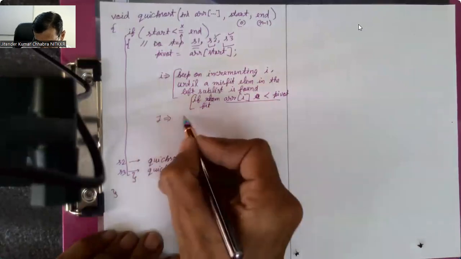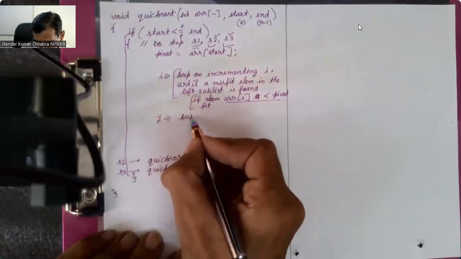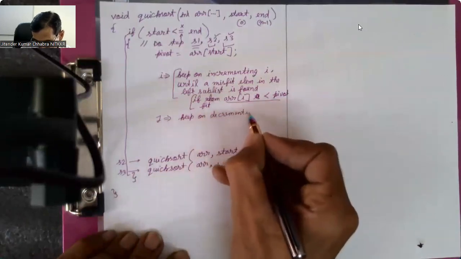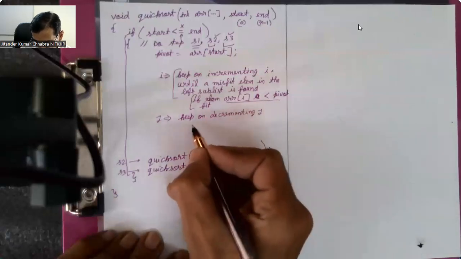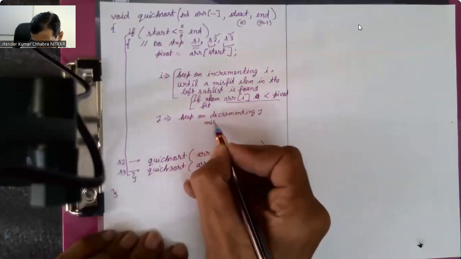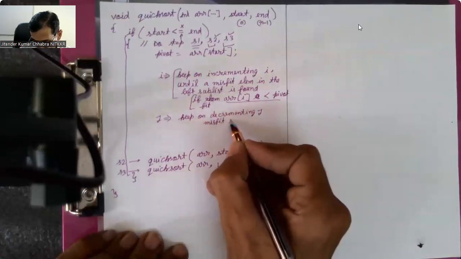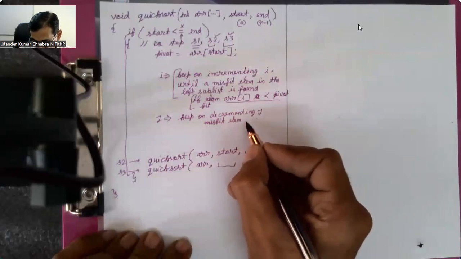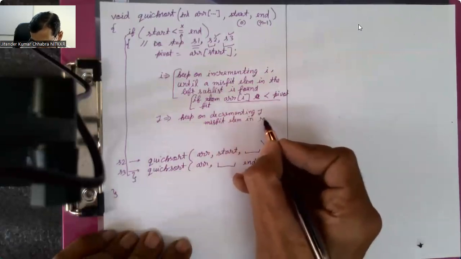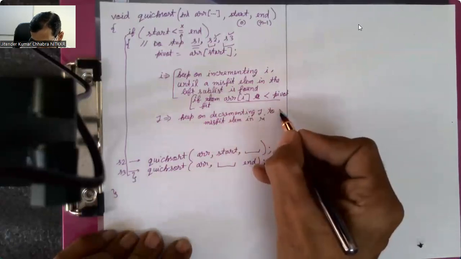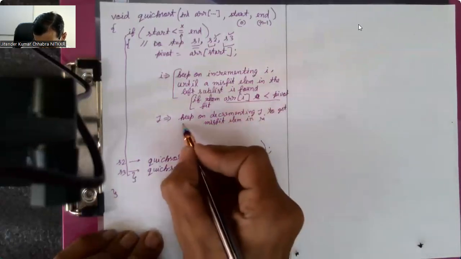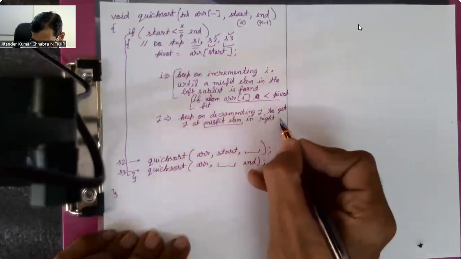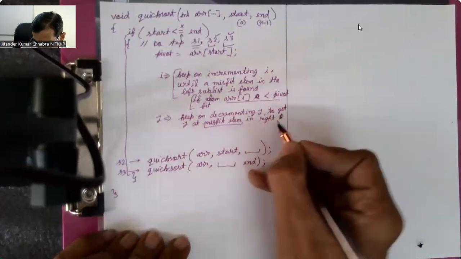Similarly, J also. Keep on decrementing J, and you have to find ultimately a misfit element, which means the corresponding element is misfit in the right sublist. To get J at a misfit element, misfit means in the right sublist, the element is misfit.